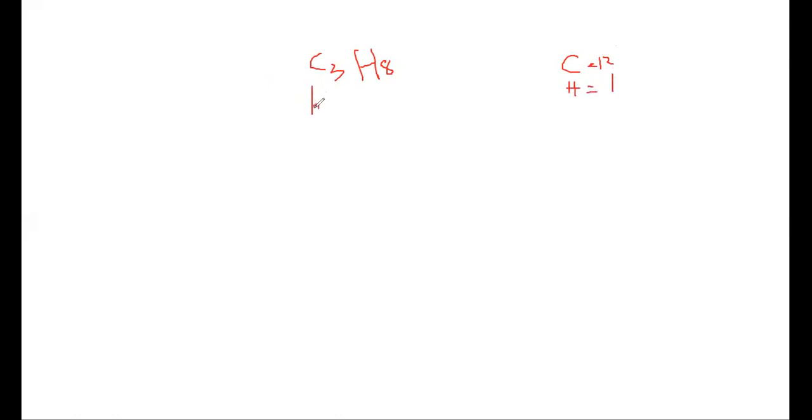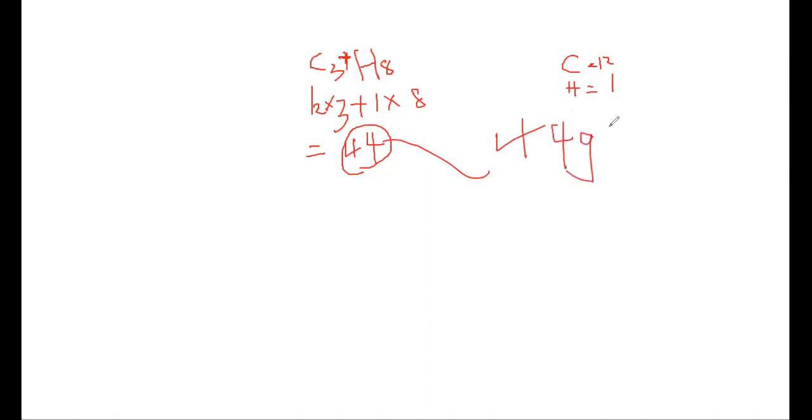So 12 times 3 plus 1 times 8. How much now? 44. This is the relative molecular mass of propane. If you take 44 gram of propane, that is 1 mole, and it will have how many propane molecules? That is L.